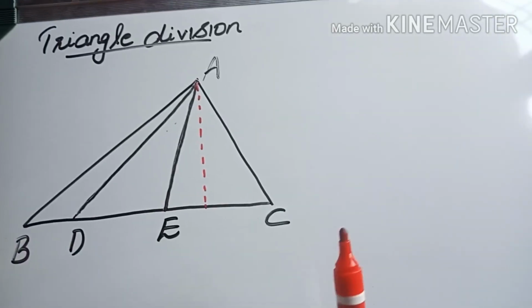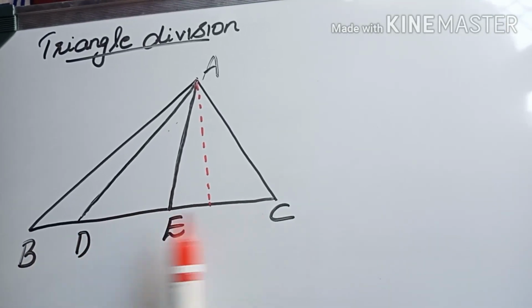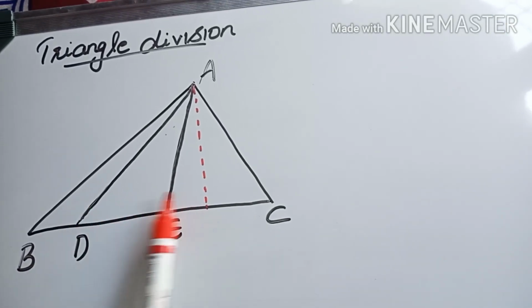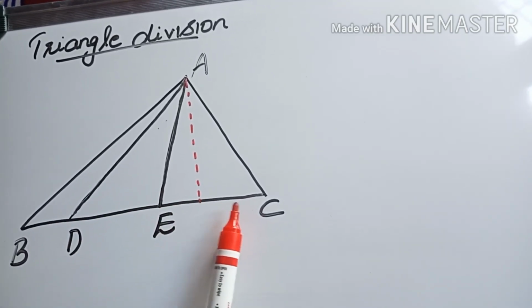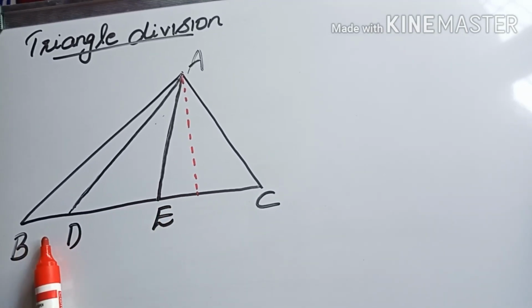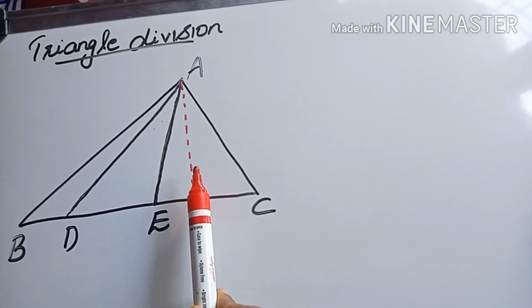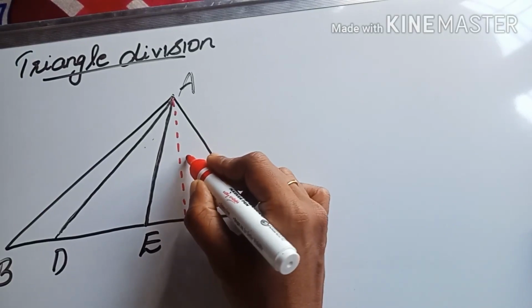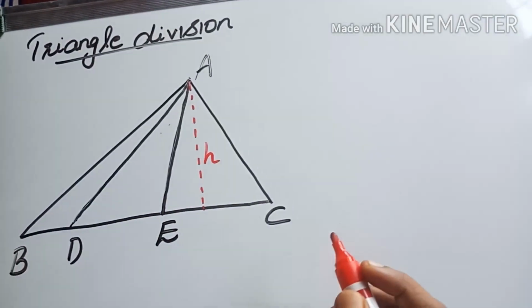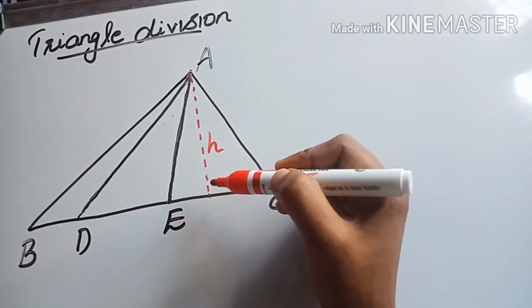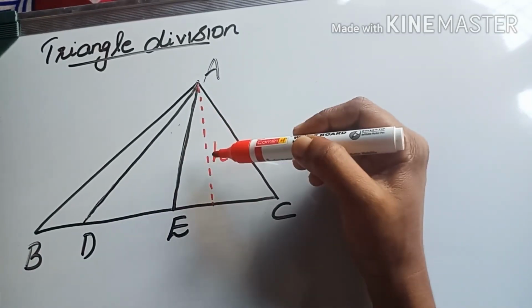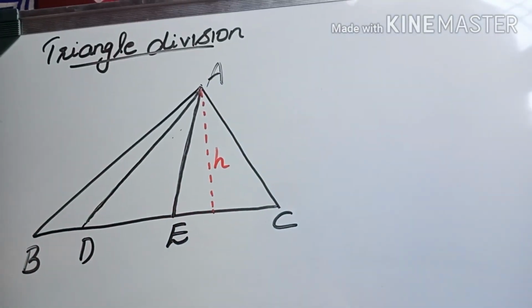We have to prove that the ratio of the base. By drawing these 2 lines, the base is divided into 3 parts, isn't it? BD, DE, then EC. This is the height. Okay, height we can take as H. Here measurements are not given. No need to consider this line. Okay, here I am using an imaginary line just to represent the height.